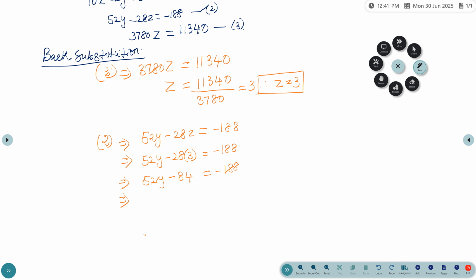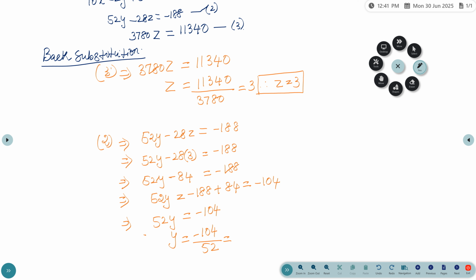Now solve this. We need the value for y only. So bring minus 84 to the other side, it becomes plus 84. What is your answer here? That is minus 104. So 52y is equal to minus 104, which means y is equal to minus 104 divided by 52.